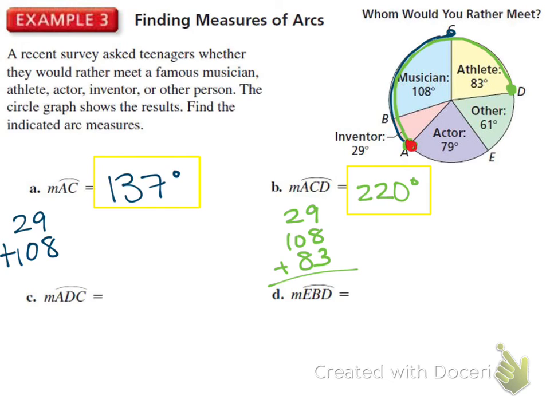A, D, C. Starting at A, we're going to go up or down. Down towards D. And then to C. So we're going to add 83, 61, and 79. So what do we get? 223.